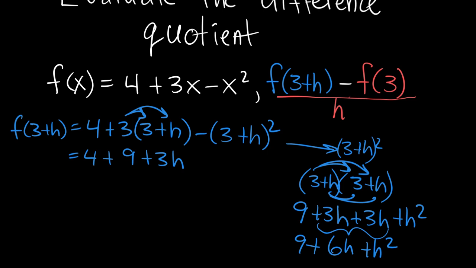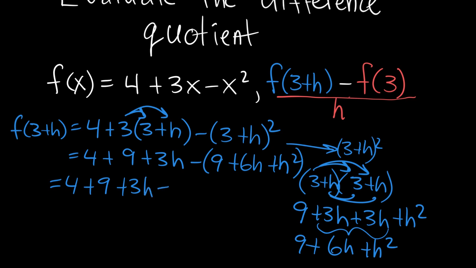So what you have to be careful of is you have to see that this is minus 9 plus 6h plus h squared. So to rewrite this again, it's 4 plus 9 plus 3h minus 9 minus, because that negative gets distributed to each of those there, minus 6h minus h squared. So now we can combine like terms.